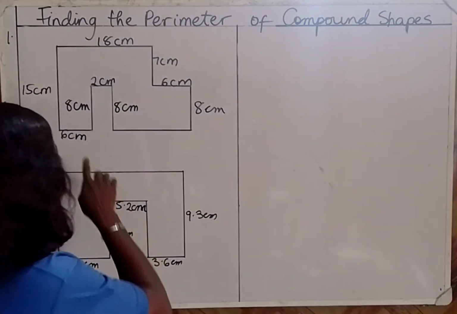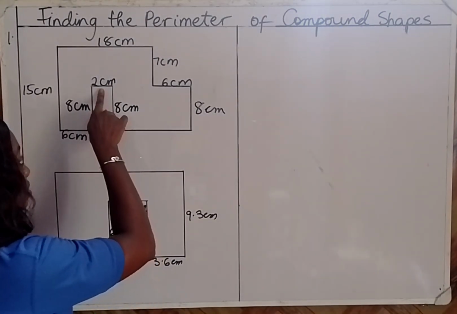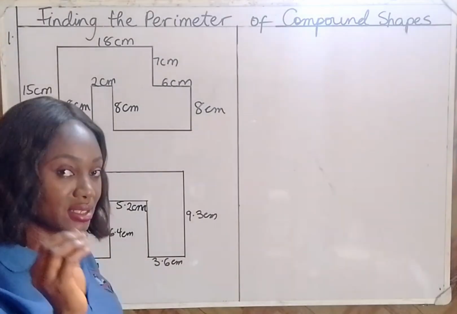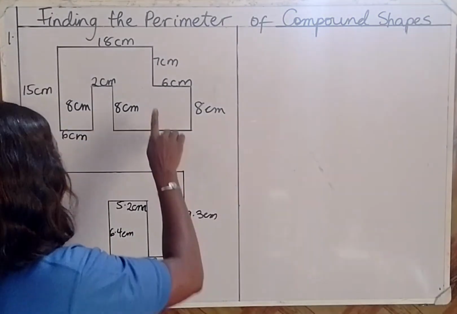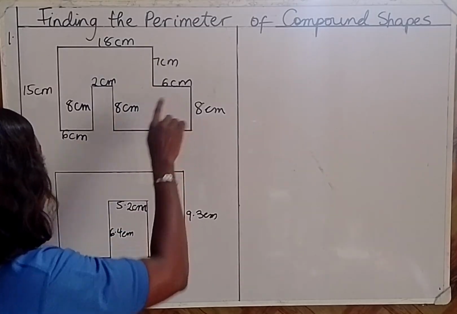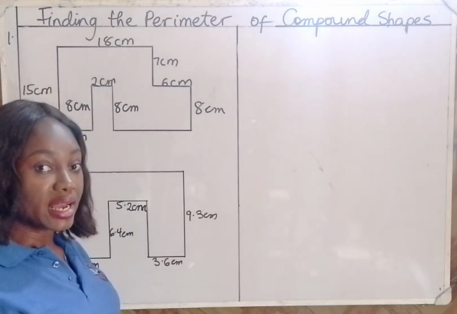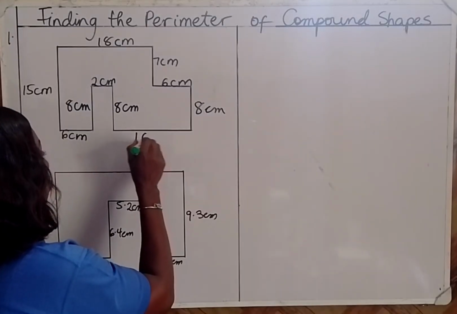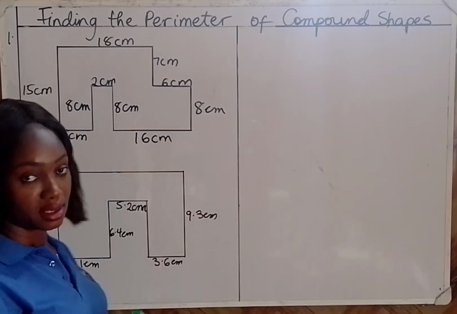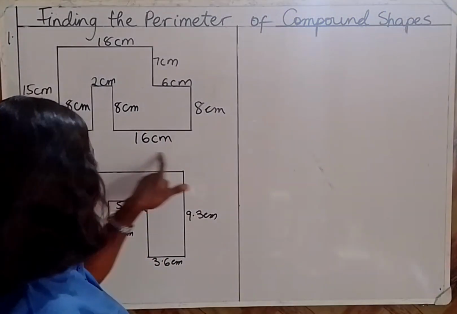But we only have 6 centimeters and 2 centimeters, which is 8 centimeters. If we take away 8 centimeters from 24 centimeters, which is the full length, what would that give us? 16 centimeters, and that is the length of this side.